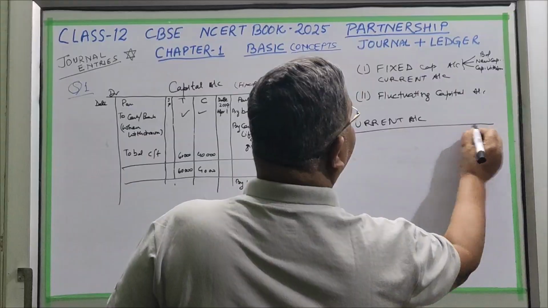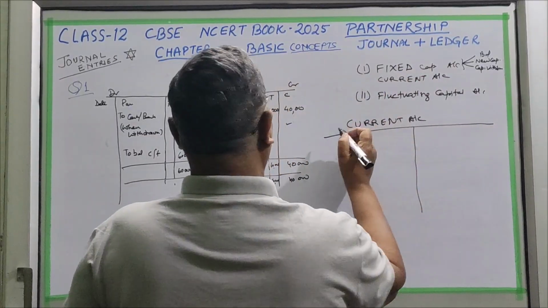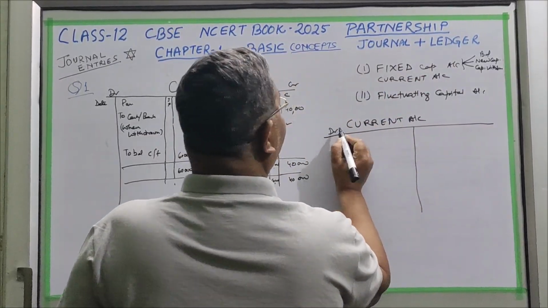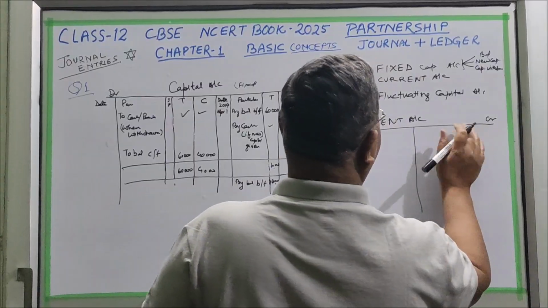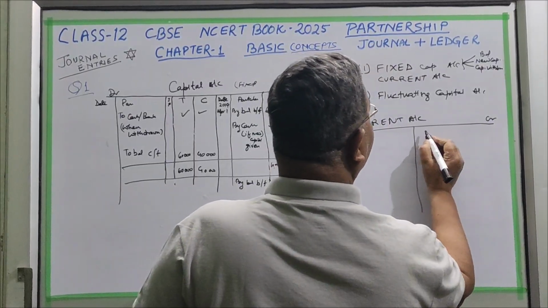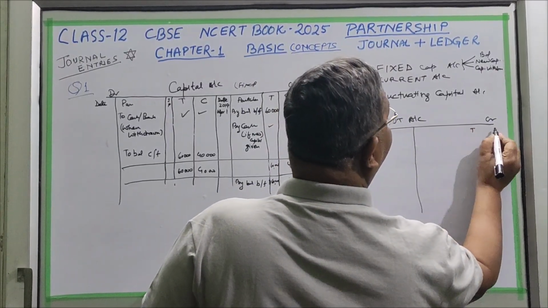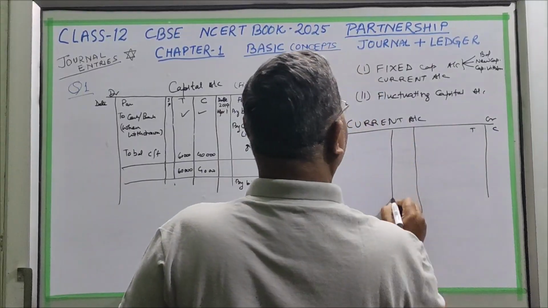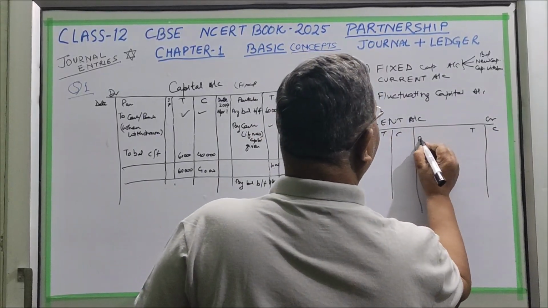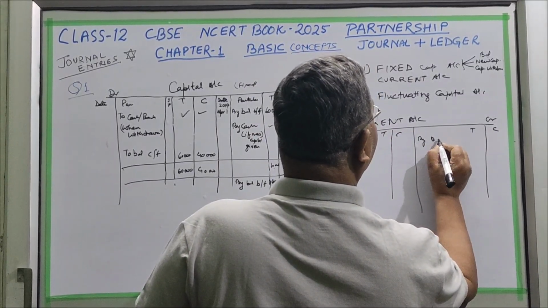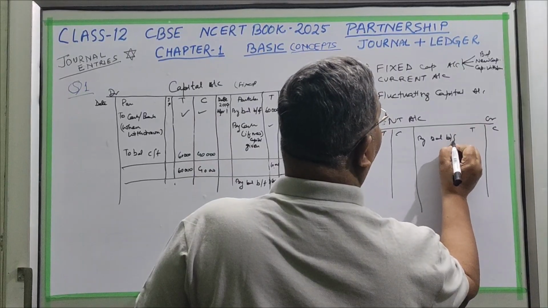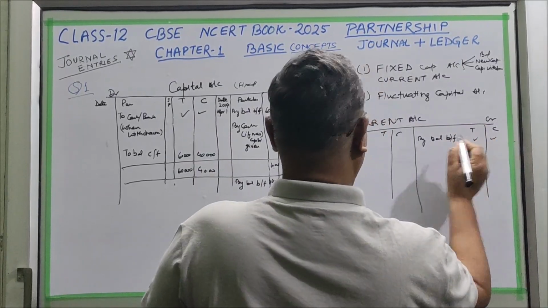Current account means whatever transactions have taken place regarding distribution of profit come here. So here also balance can be T and C, and here also T and C. By balance brought forward, some balance will be there.